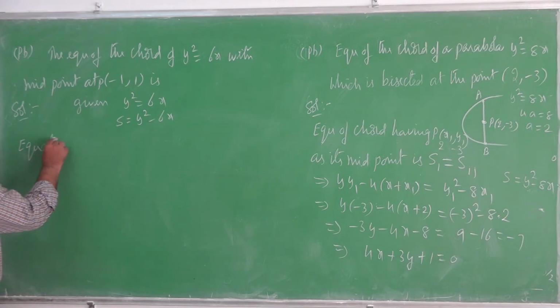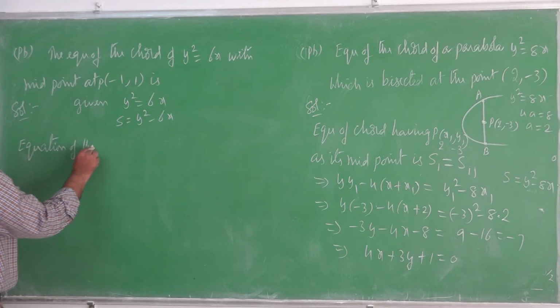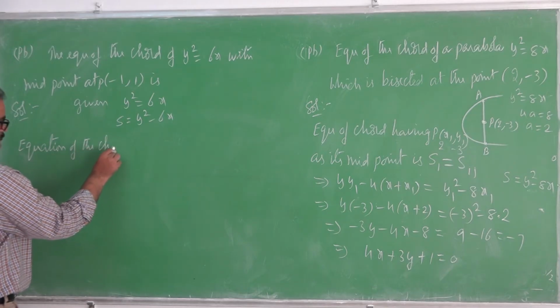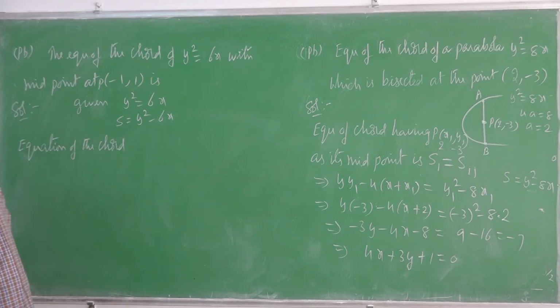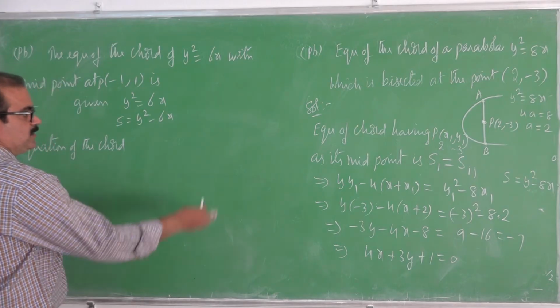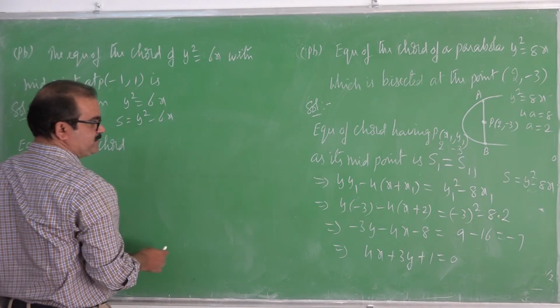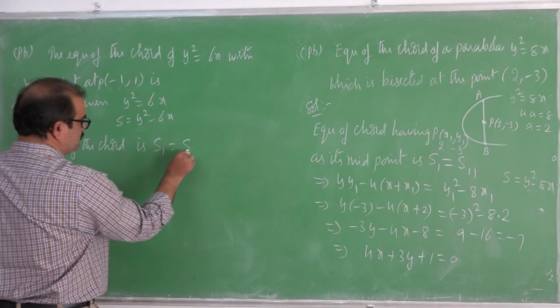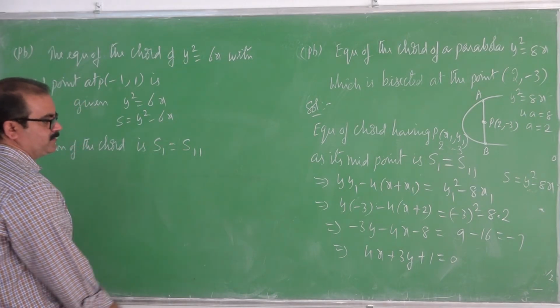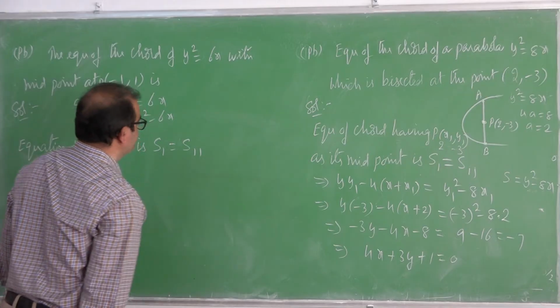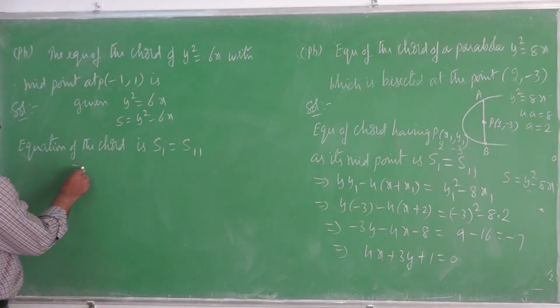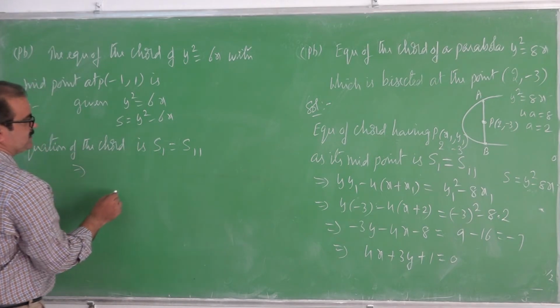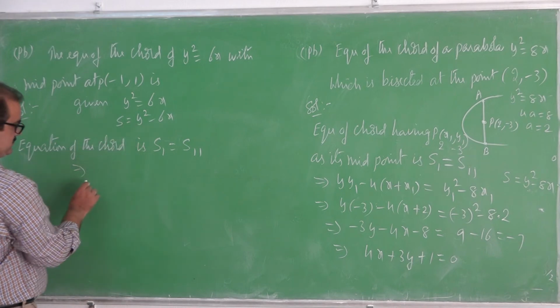Equation of the chord having P(x1, y1) as its midpoint is S1 is equal to S11. Apply this same formula. What is S1 here to this equation?